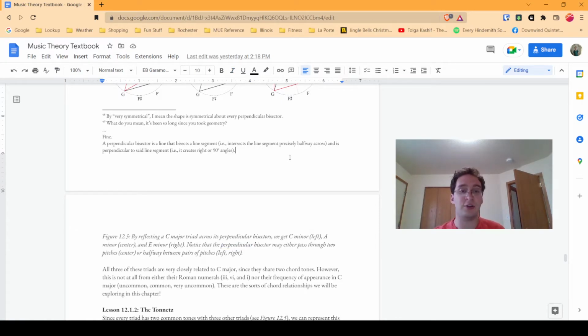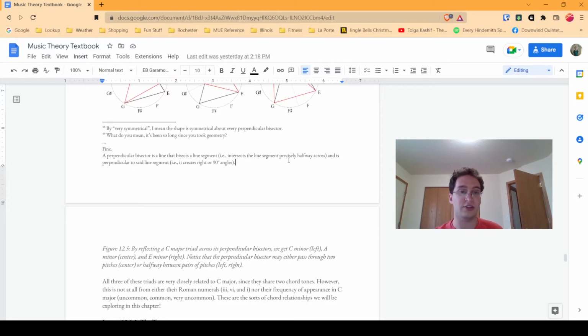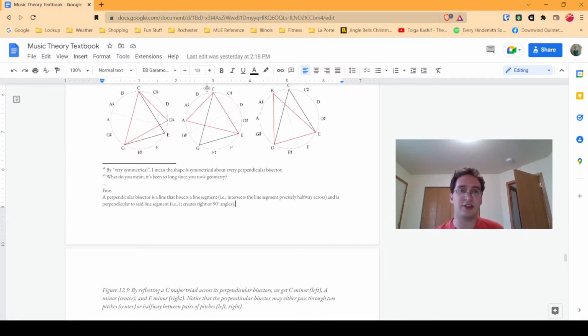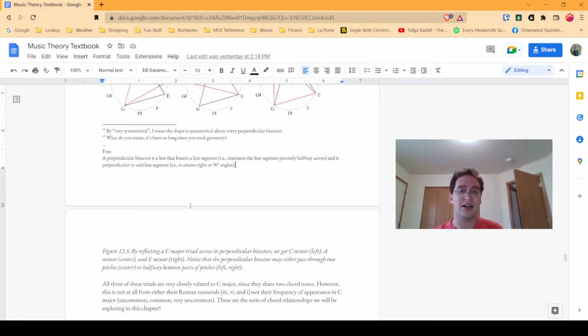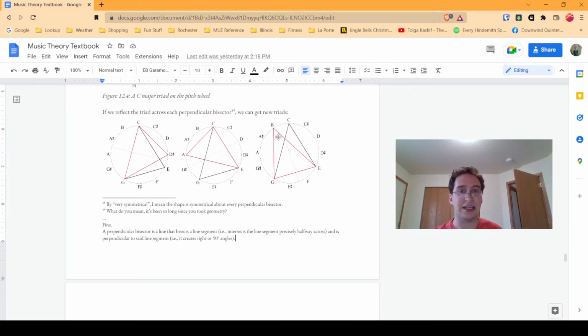So all three of those triads are closely related to C major since they share two chord tones, but this property of being closely related isn't reflected in their Roman numerals, because respectively we have minor 1, 6, and our E minor triad is 3. That's not common. 6 is pretty common.